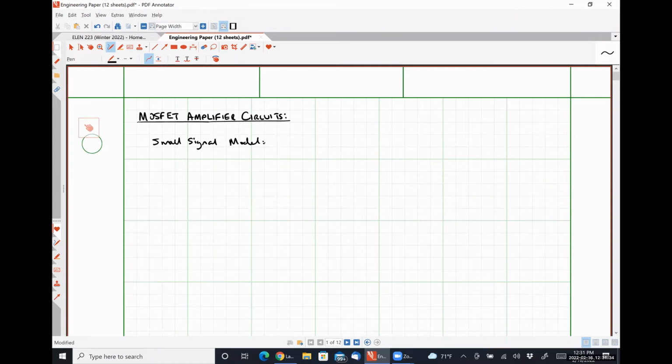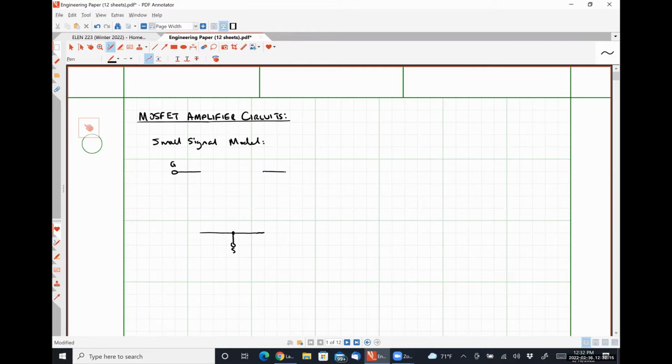So the small signal model for a MOSFET looks something like this, where we have our gate terminal. Down here is our source terminal. And up here is our drain terminal. For the BJT, between the equivalent terminals, so between the base and the emitter, we saw a diode, which we represented with its small signal equivalent, which was a resistance, R pi.